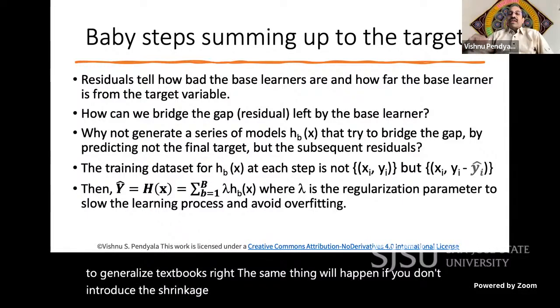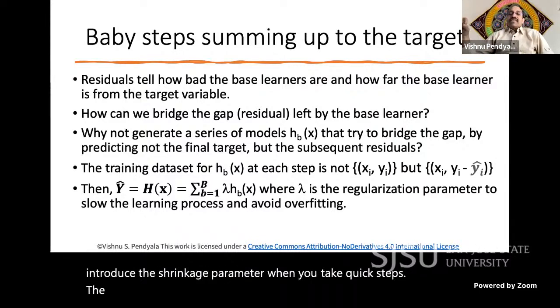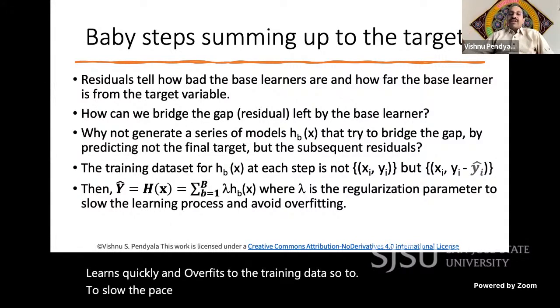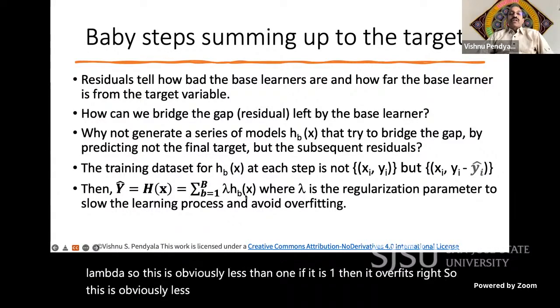When you take quick steps, the entire model learns quickly and overfits to the training data. So to slow the pace of learning, we introduce this shrinkage parameter, lambda. This is obviously less than 1. If it is 1, then it overfits, right? Typically it is 0.1 or 0.01 or 0.001 and so on.